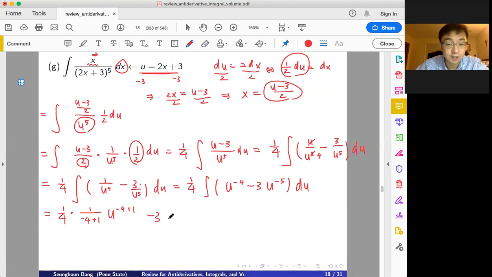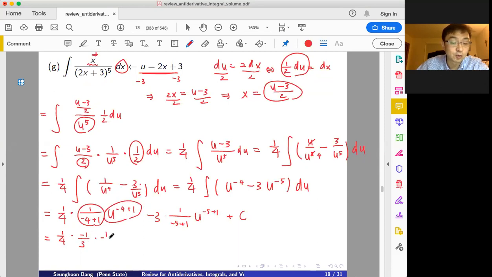The u to the minus 5 becomes 1 over negative 5 plus 1, u to the negative 5 plus 1, plus c. And simplify. 1 over 4 times: this one is negative 1 over 3 times u to the negative 3, which is 1 over u cubed, minus 3 times negative 1 over 4 u to the minus 4.